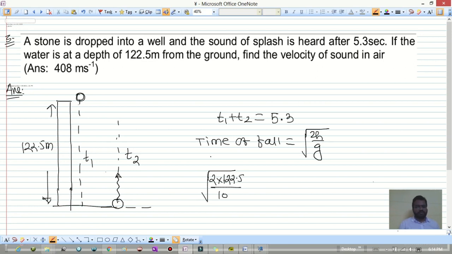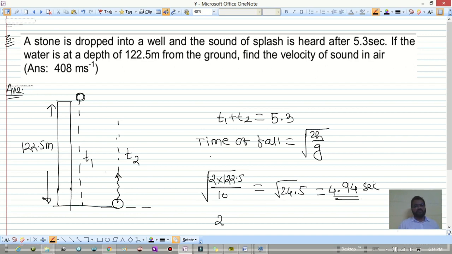If you just solve this, 2 into 122.5 is 245, divided by 10, which is equal to root of 24.5. If you take the root of 24.5, it is 4.94 seconds. So this is the time of fall.